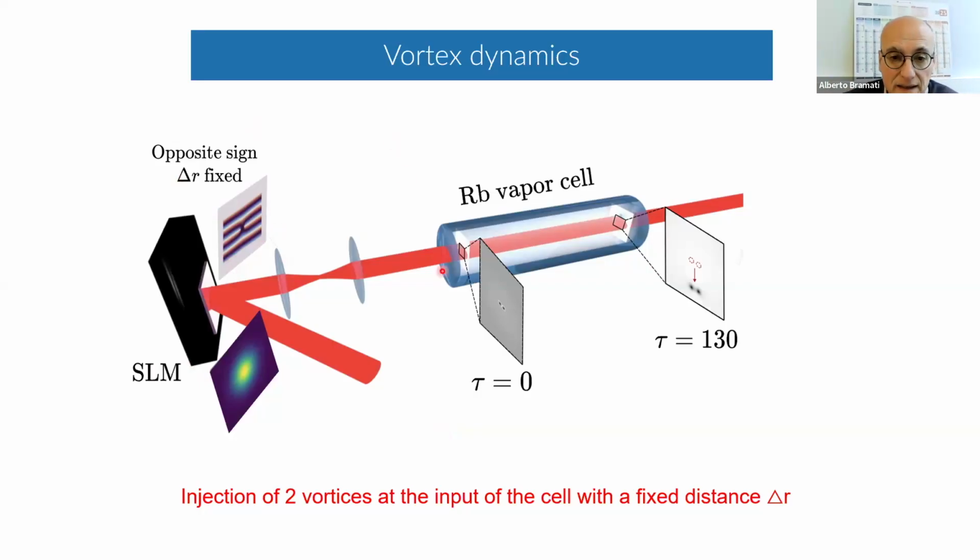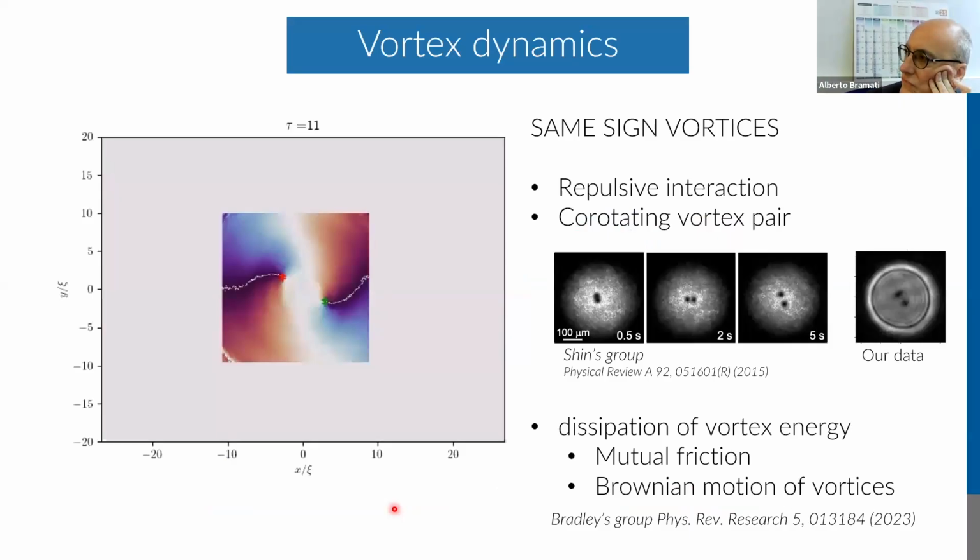For example, I can inject two vortices at the input of the cell with a well-controlled and fixed distance, delta R, and observe during the propagation, so during the temporal evolution of the system in presence of interaction, how these vortices behave, no? And what is interesting is that I can also choose the sign of the vortex that I am injecting.